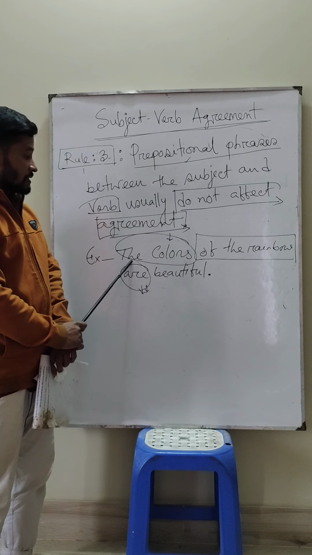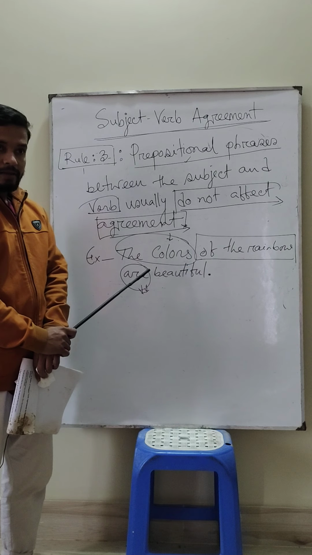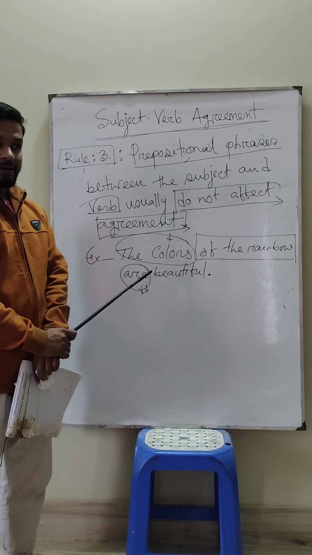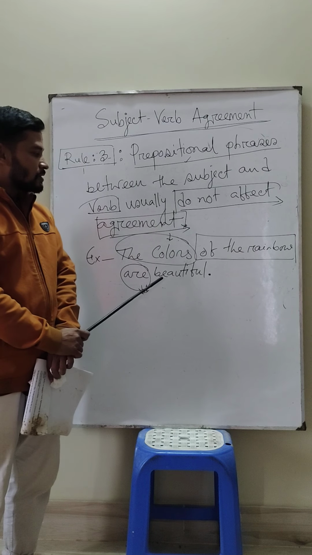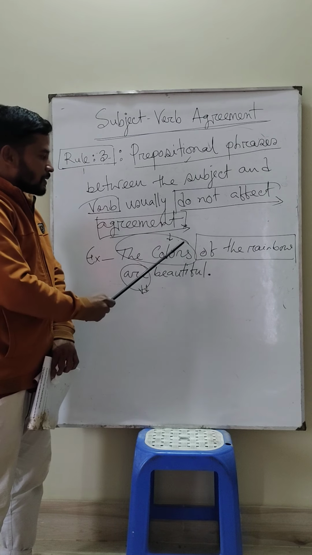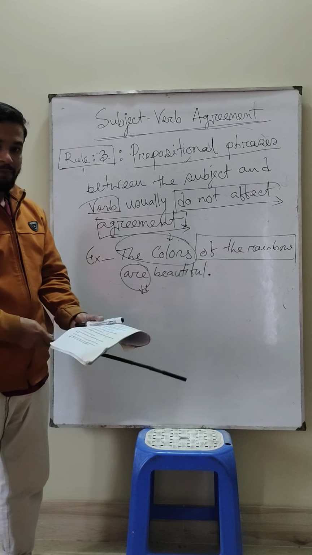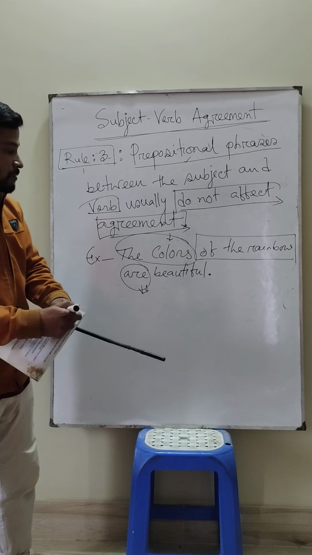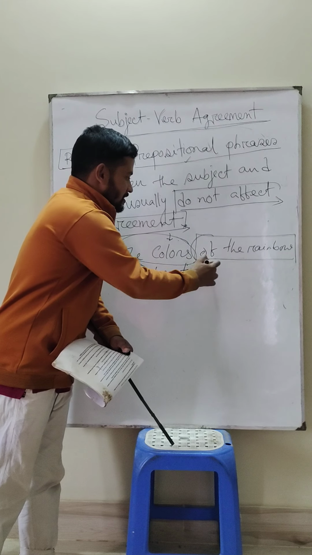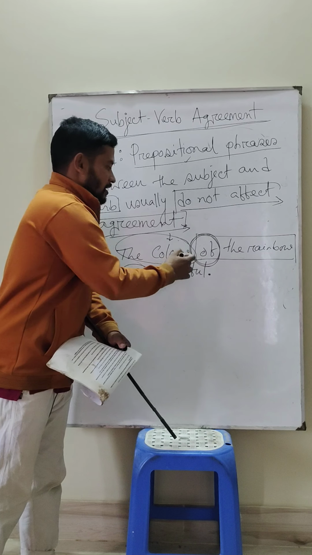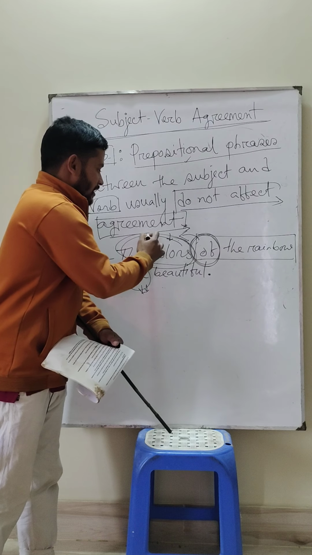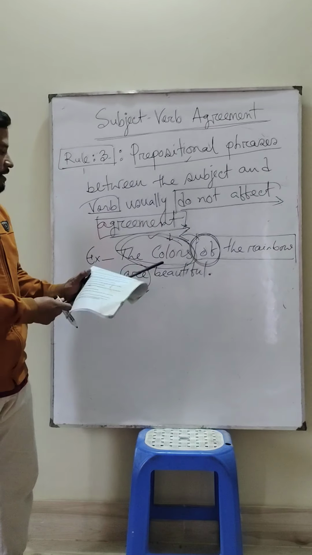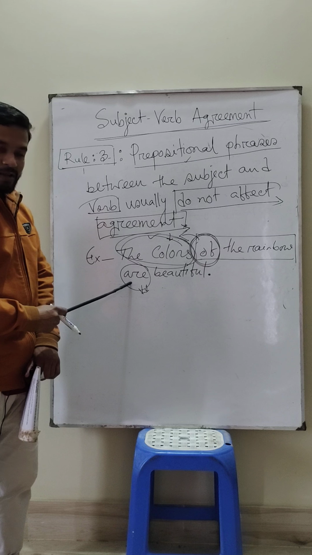So if the subject has any preposition added, then we count the subject before the preposition. Here we see this preposition, and before the preposition we see the colors. Here the colors is plural, so we use a plural verb.